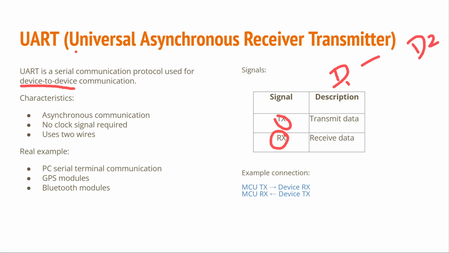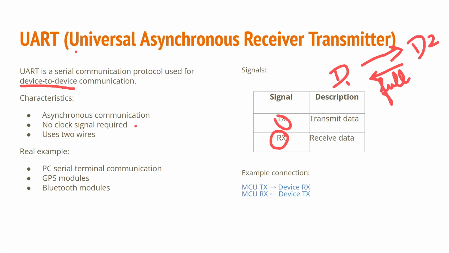I have a separate line for TX and another separate line for RX. So which communication mode does it come under? It has a separate line for transmission and a separate line for reception, which means it supports full duplex communication, so simultaneously I can transmit as well as receive data in UART.